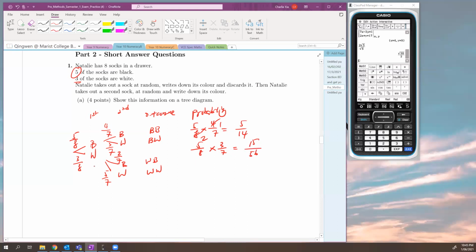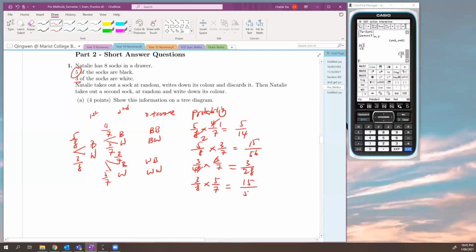Okay, this one, 3 out of 8 times 2 out of 7. This could be canceled out, so we have 3 out of 28. The last one, 3 out of 8 times 5 out of 7.